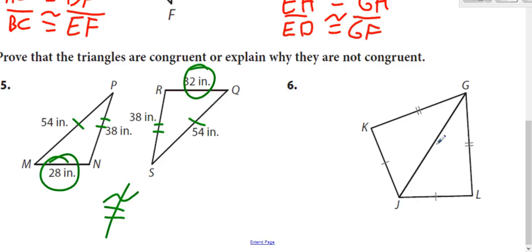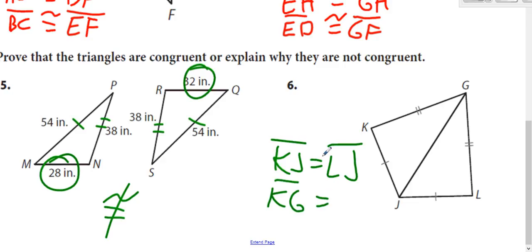And then for this last example, KJ matches up with LJ. KJ is congruent to LJ. KG is congruent to LG.